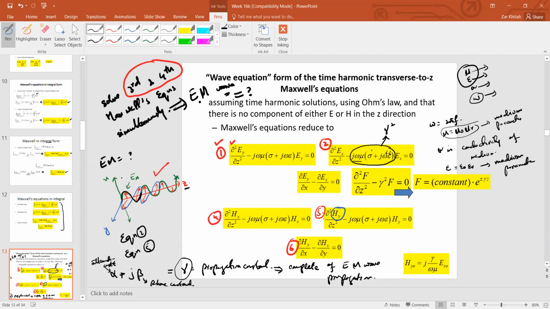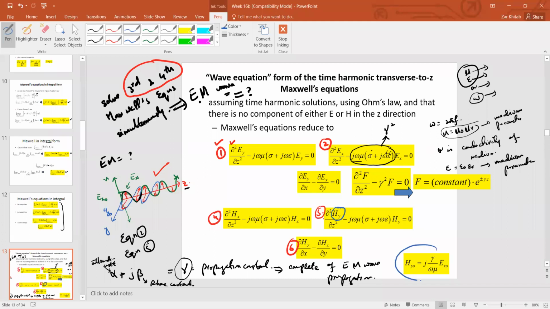If I look back closely to this equation, this is the maximum electric field, the green one. This is Ex naught, maximum electric field. And this one is the maximum magnetic field. It is H, magnetic field, maximum magnetic field in the direction of Y. Since it is the maximum value, let me call this Hy naught.